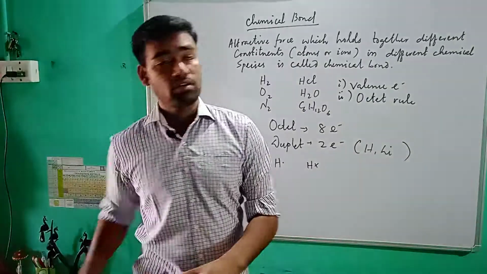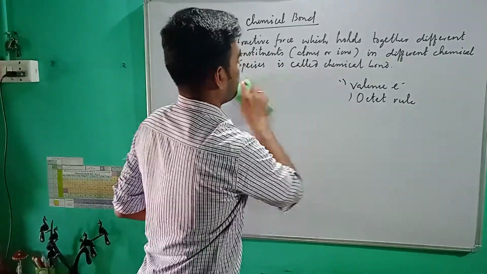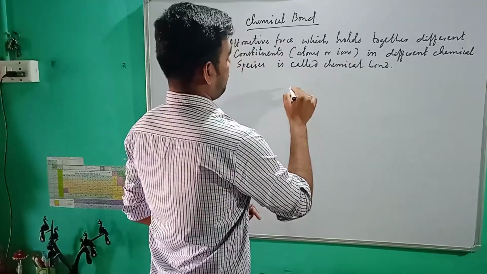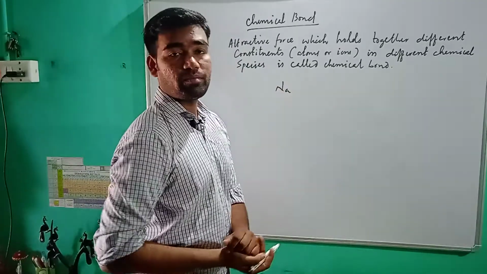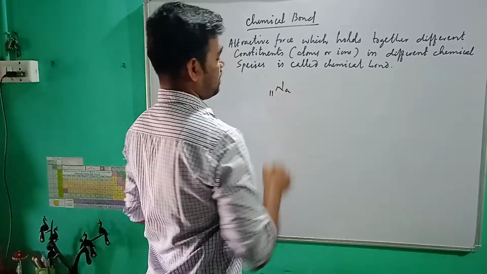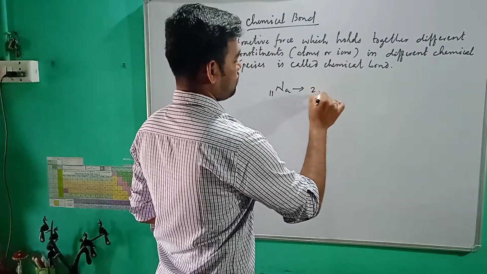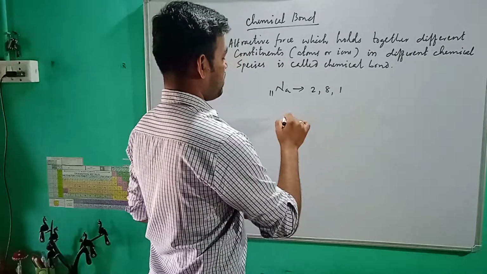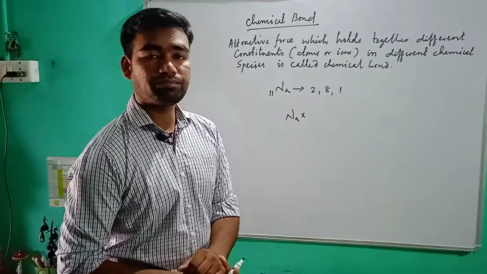Let us do some more representations. Suppose I am taking sodium atom. Sodium, it has atomic number 11, so its electronic configuration is 2, 8, 1. So I'm writing only the valence electron of sodium as this.